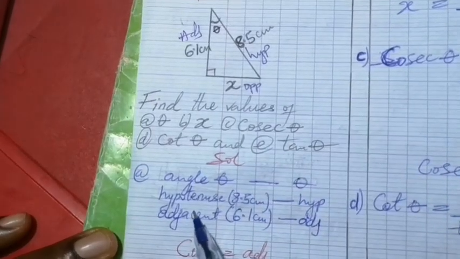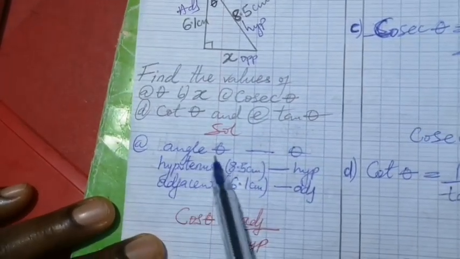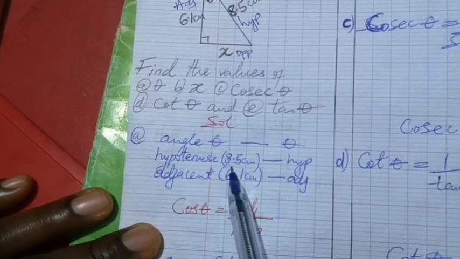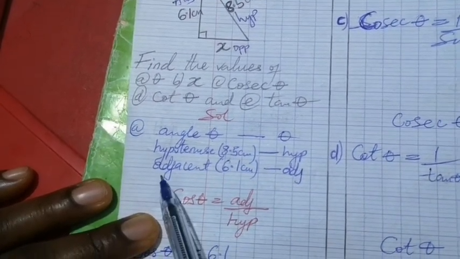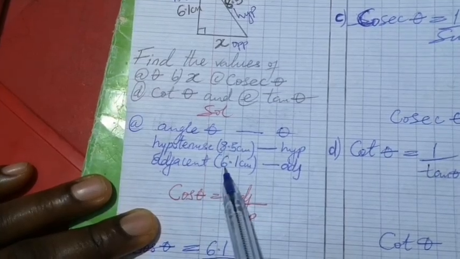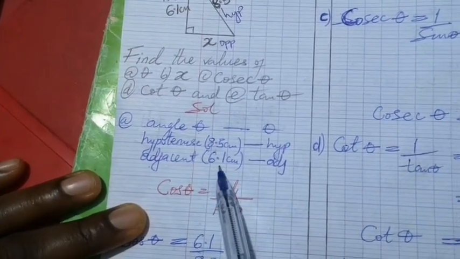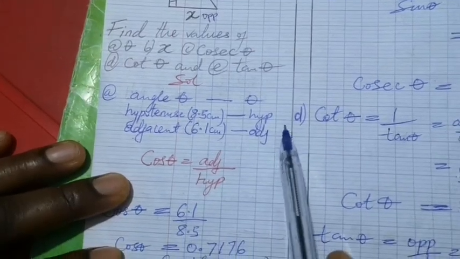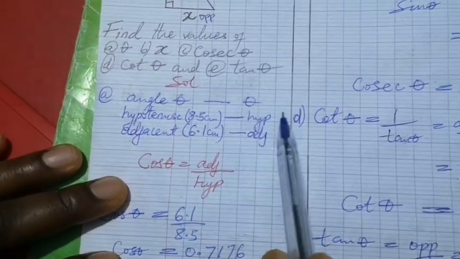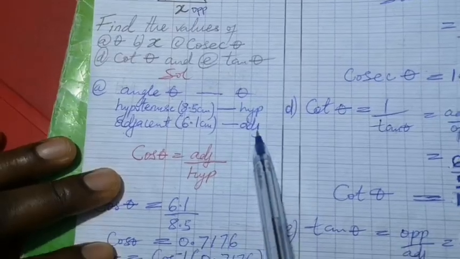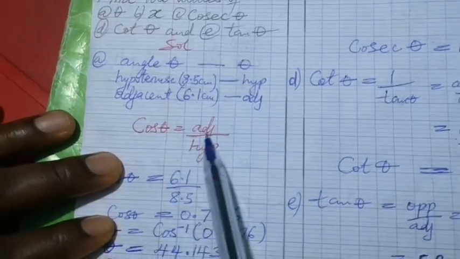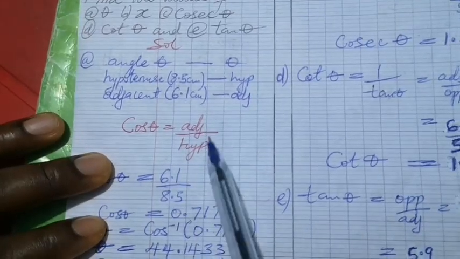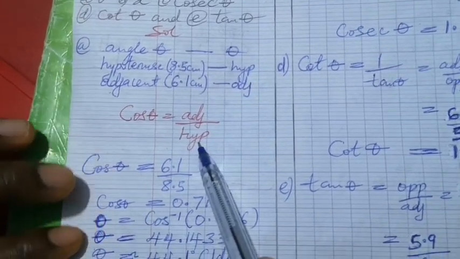So from there, we say that we have an angle theta there. So hypotenuse, which is 8.5 cm, and we have also adjacent, which is 6.1 cm. Now the next thing is to look for the acronym that has angle, hypotenuse, and adjacent. And the acronym is CAH, which is cos theta is equal to adjacent all over hypotenuse, okay?